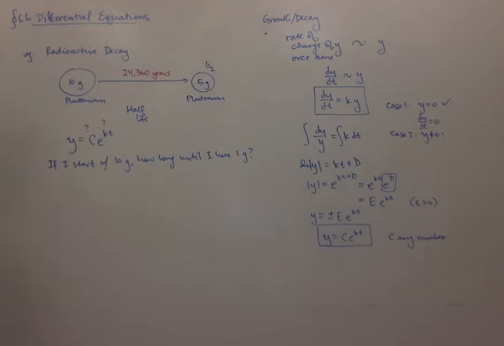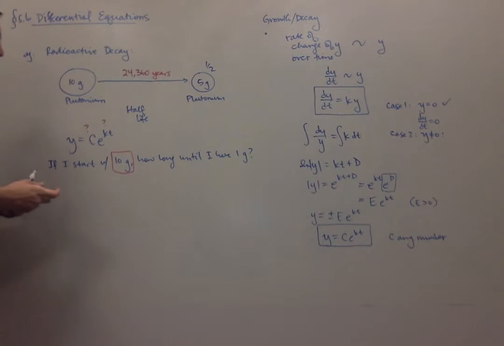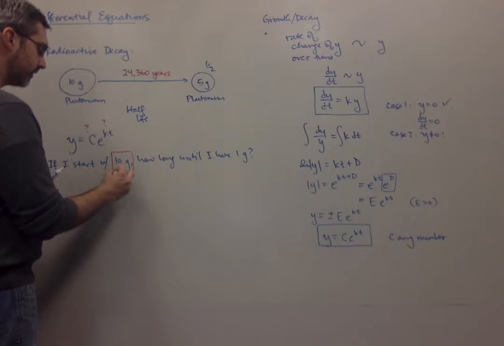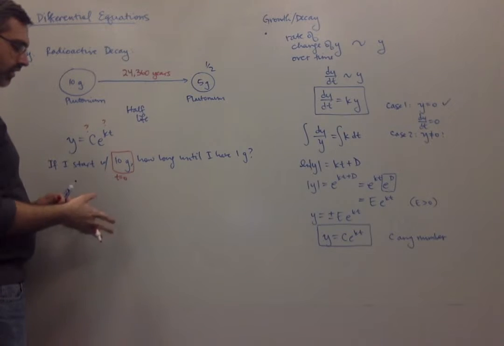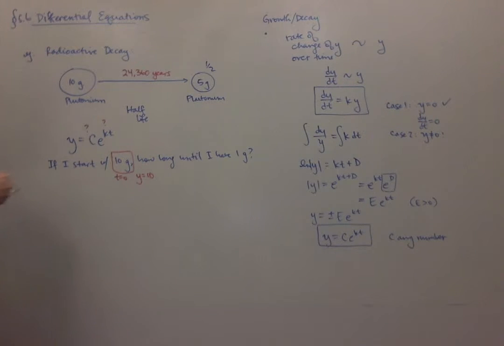Okay, so what we're going to do is use some pieces of information here. The first piece of information is how much plutonium we're starting with at the beginning. That turns out to be an important piece. So when time is 0, like right now, y is going to be 10 grams. So we're going to plug that in here.